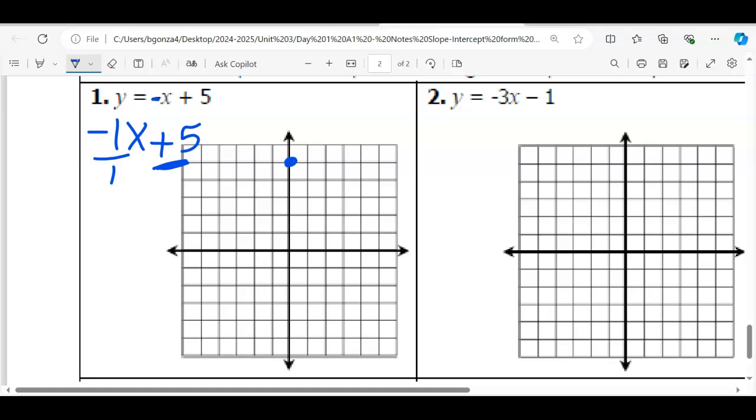And if your slope is negative 1 over 1, you're going to go down 1, right 1. You graph the b first, then you use the slope. Down 1, right 1. And you can use your nice straight edge to make a nice straight line on your graph. Hopefully yours looks nicer than mine.